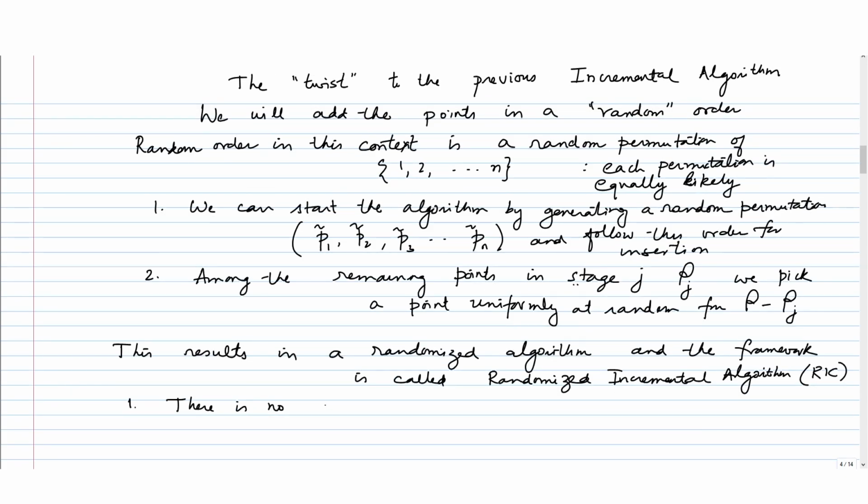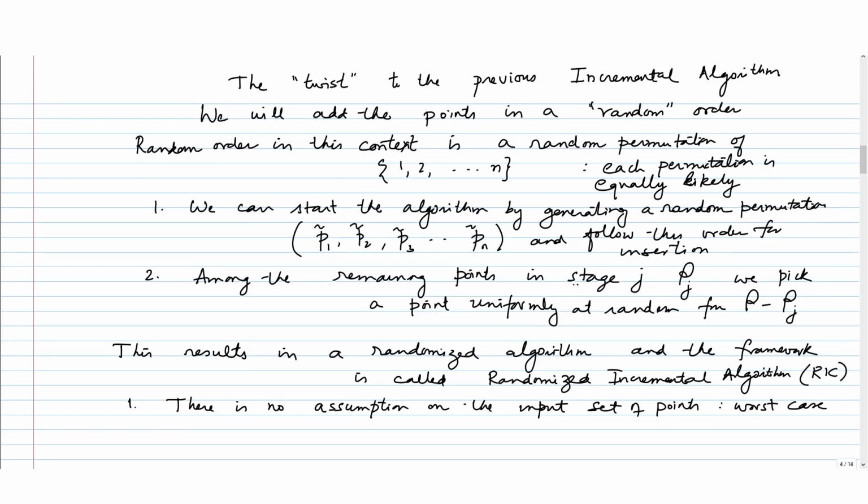Okay? So, there is no assumption on the input set of points, in which case basically I am saying it is worst case. So, you give me whatever points you want to give me and this algorithm will work in a certain way. I am not saying that you will give me some random points. The input points are not random, that is what I want to emphasize.